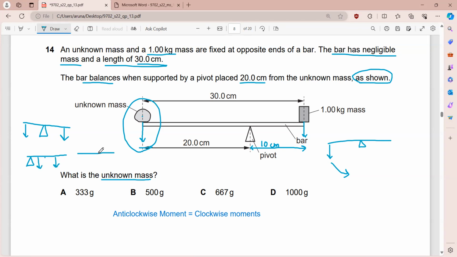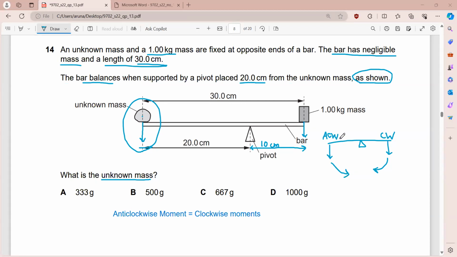Then, as you can guess, another scenario would be one in this direction and one upwards. So like this, you can play around with a few different scenarios so that immediately once you look at this, you'll know, okay, this side's going to be anti-clockwise and this side's going to be clockwise, or they're both going to be opposite direction moments. So then you can just equate it. You don't even have to think which one's anti-clockwise and which one's clockwise, right?